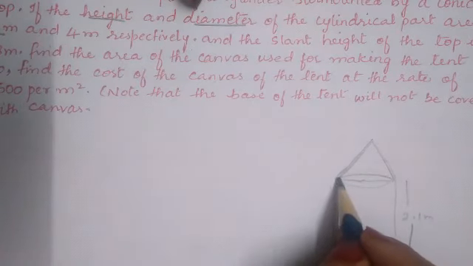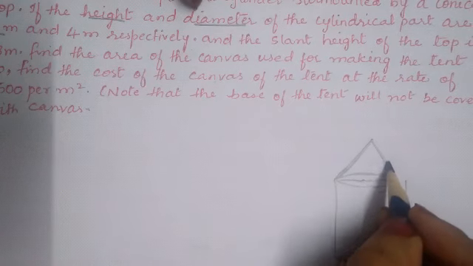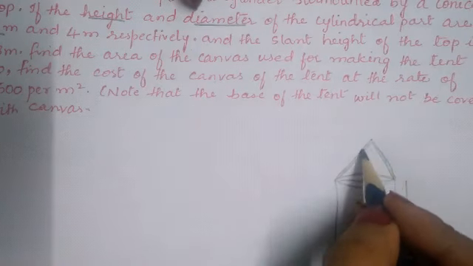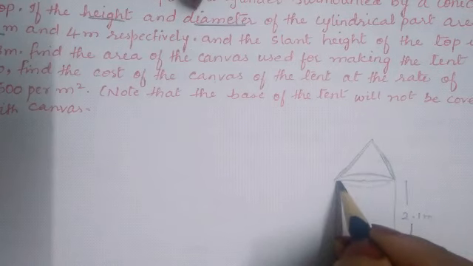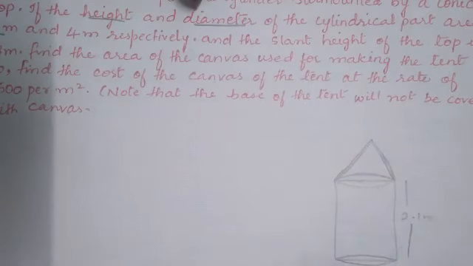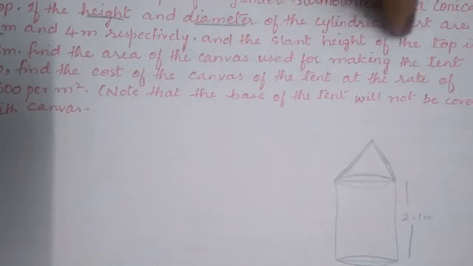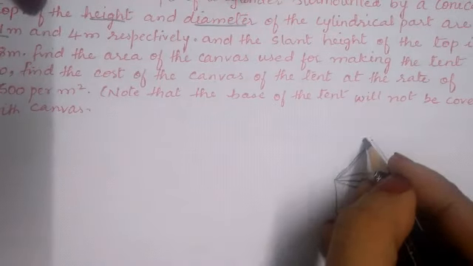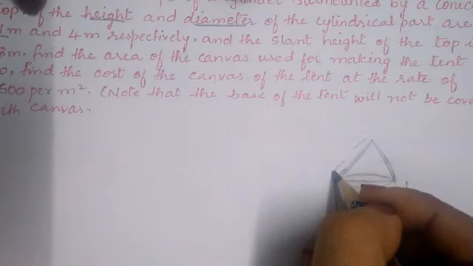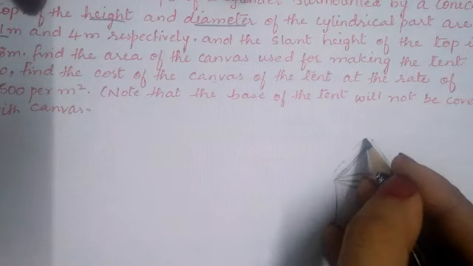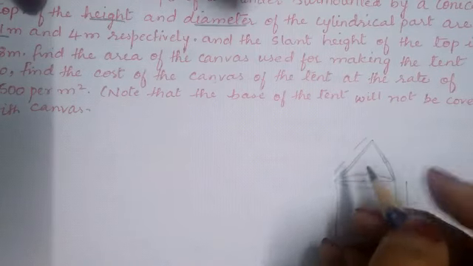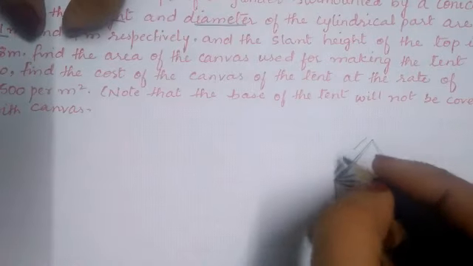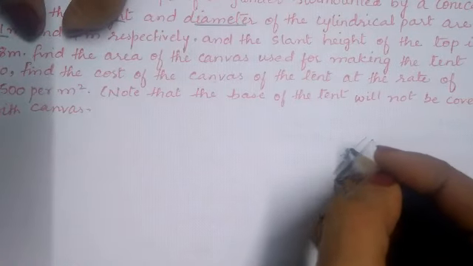We can see here the diameter of the cylinder is also attached to the cone. So the diameter of the cone is also equal to the diameter of the cylinder. And the slant height of the top is 2.8. This is the slant height. We can see this slanting side. So the slant height of the cone, they have told, is 2.8 meter.